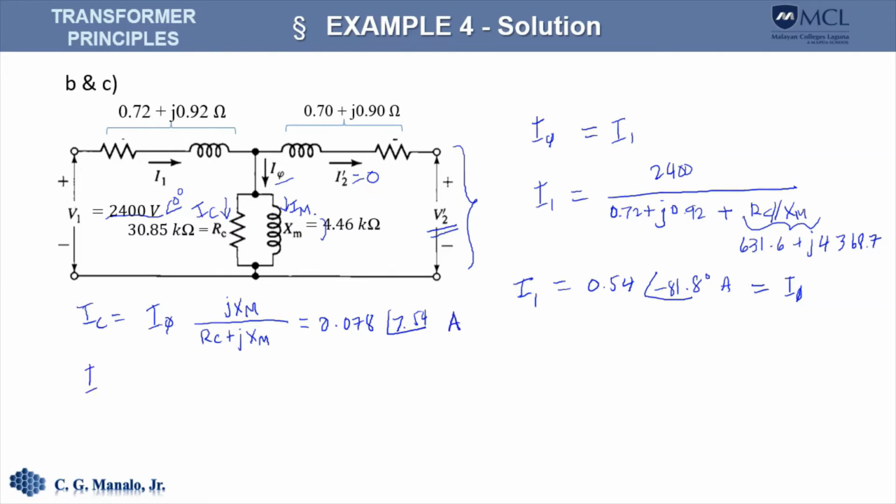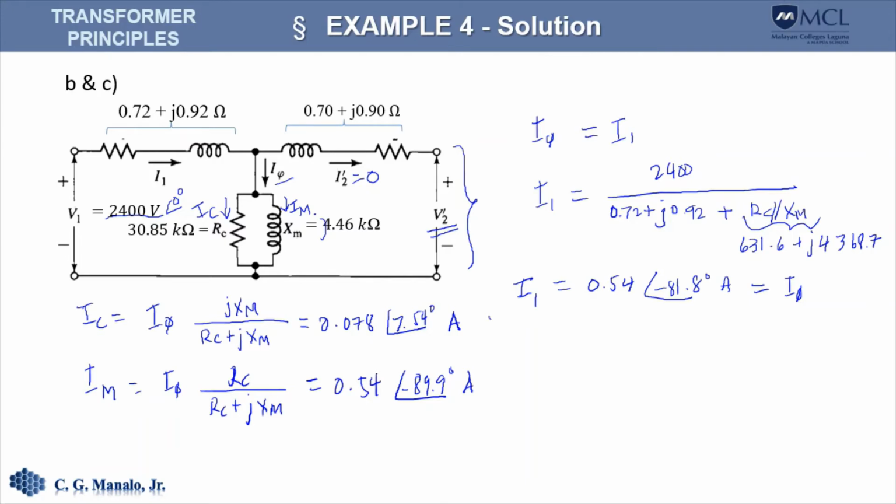And for I sub M, we can do the same. So that would be 0.54 amperes. Okay.